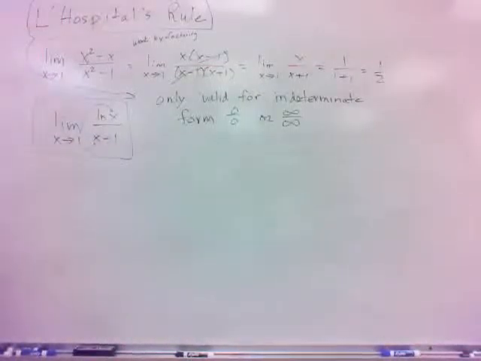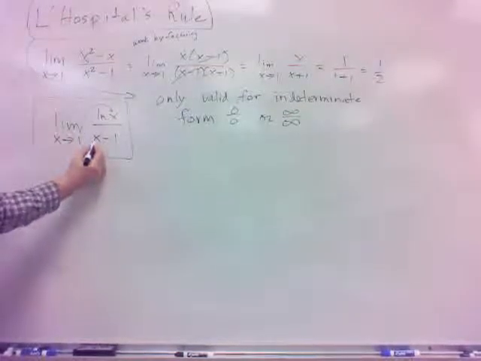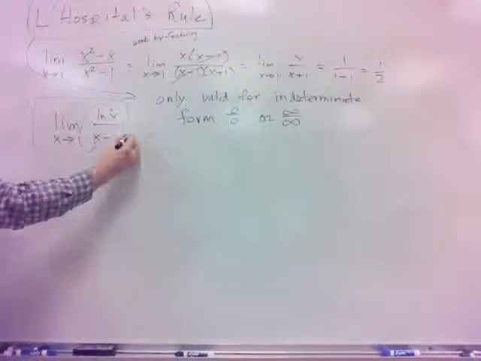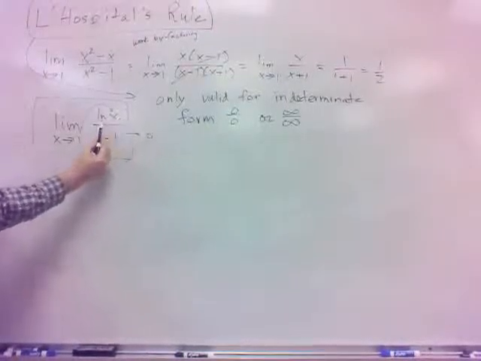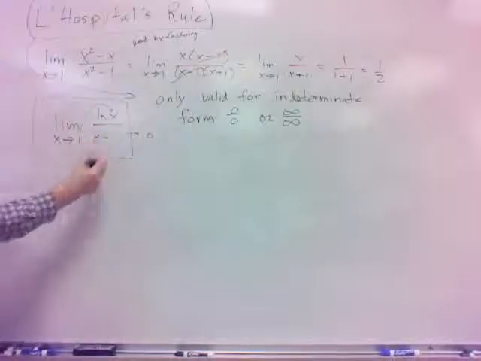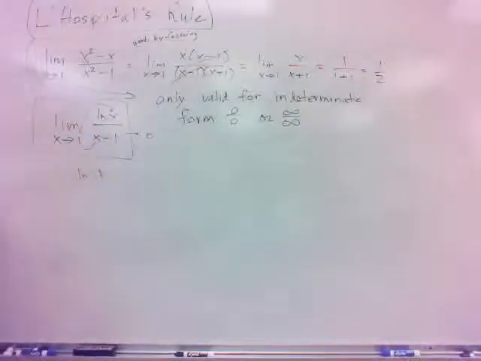in the top and bottom there, well, as x approaches 1, this goes to 0, doesn't it? And we haven't talked a whole lot about the natural log yet, but as x approaches 1, if you plug in ln of 1, plug that in and see what you get.